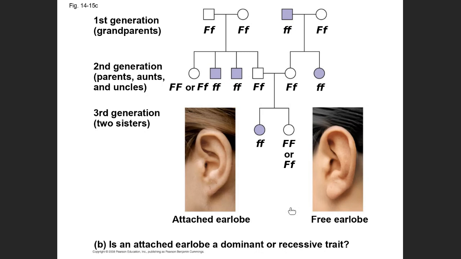And so in class, it's really fun to look at everyone around the room and see what kinds of characteristics they have, like a widow's peak, or an earlobe, or rolling your tongue. Do you know what I mean when I say rolling your tongue? If you can roll your tongue, you can do this.